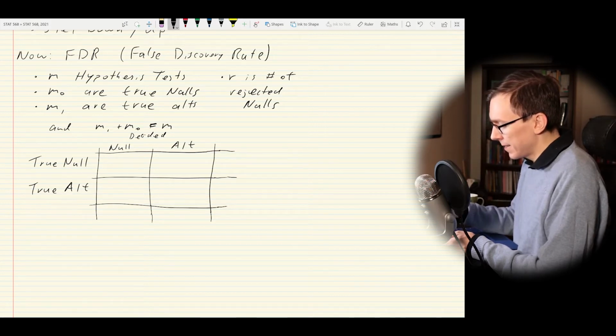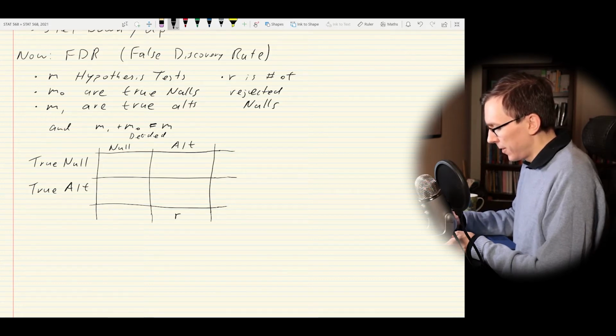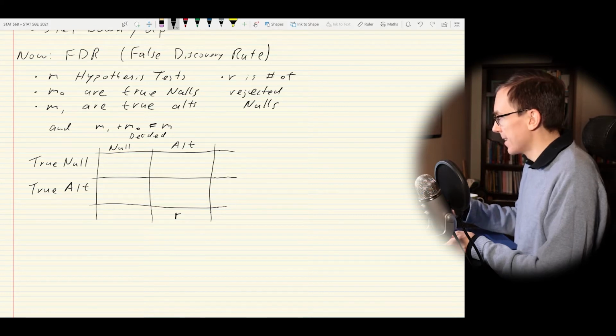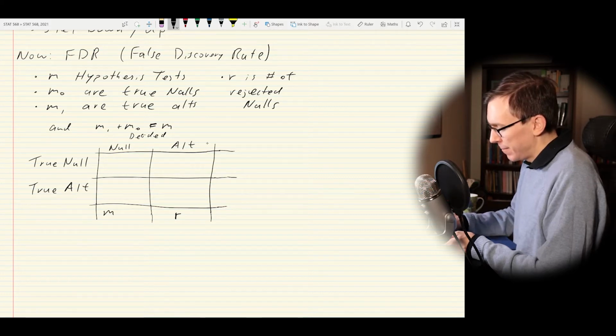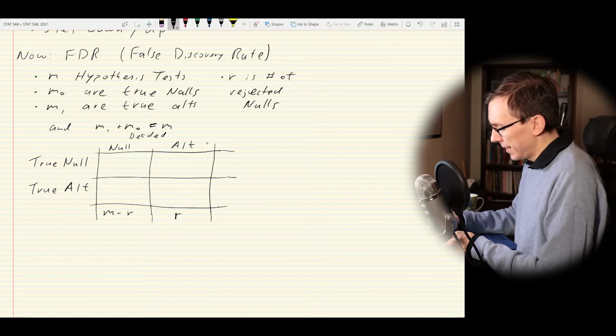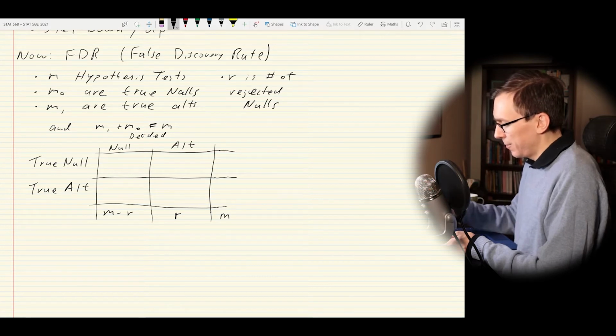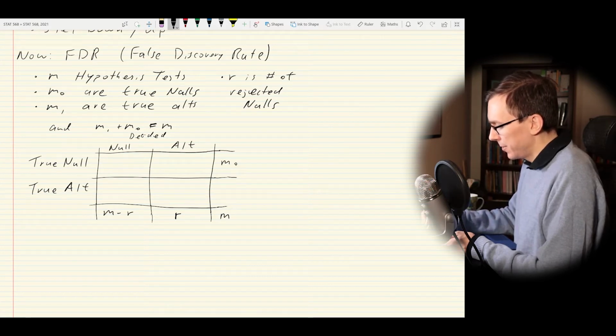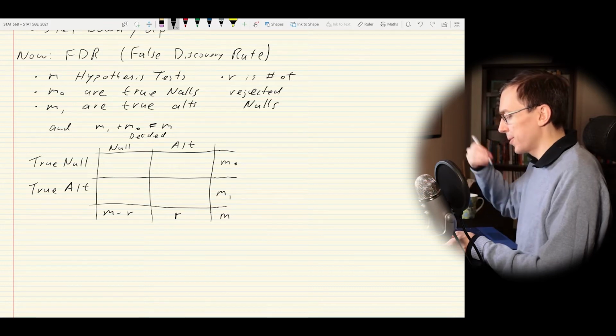Anyway, the idea is that we know that we're going to reject R of these hypotheses, and M minus R have been failed to reject, and the total sample size is going to be M. Now, we know that there are M naught true nulls and M1 true alternatives.